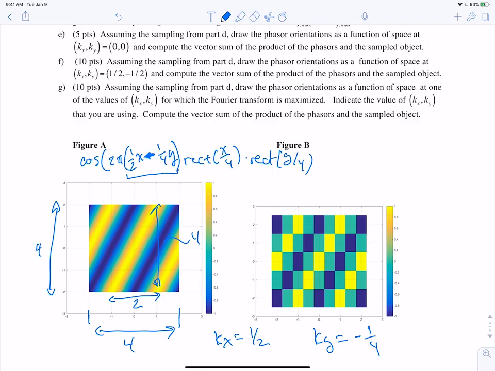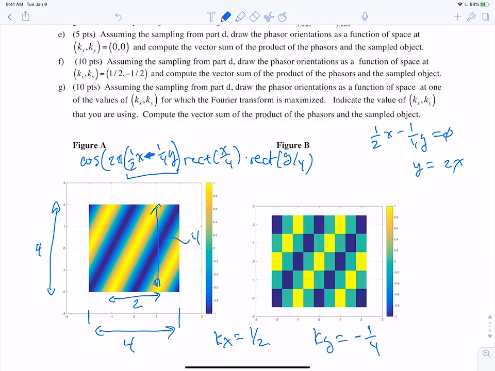This is an equation of a line, 1/2 x minus 1/4 y. There's a line where the phase is equal to 0, right? So let's look at that line. 1/2 x minus 1/4 y is equal to 0, or y equals 2x, right? And that looks like the line of 0 phase, right?